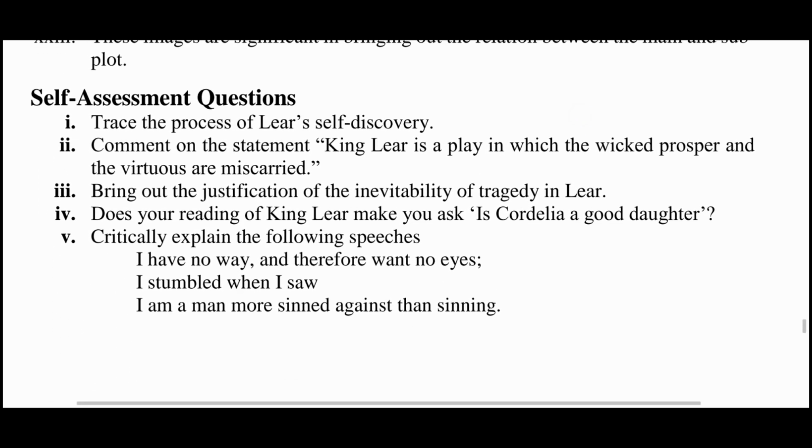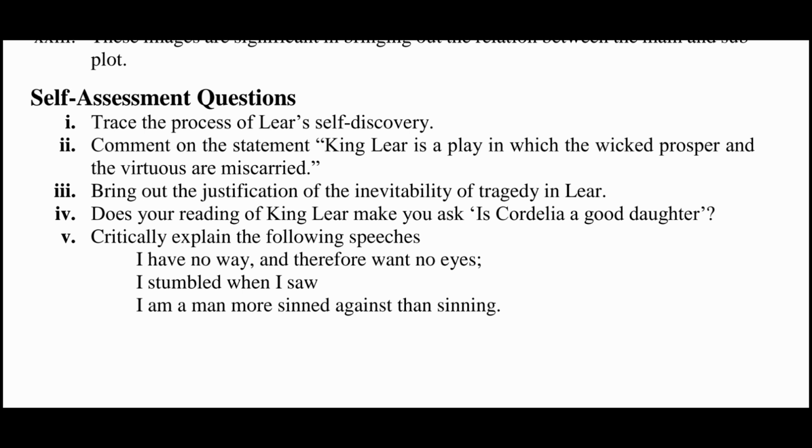Now we particularly talk about self-assessment, which is very important for the students especially, and teachers can use it to justify. All my listeners, the subscribers of my channel, especially the teachers, can get the idea about students' self-assessment. Number 1, trace the process of Lear's self-discovery.